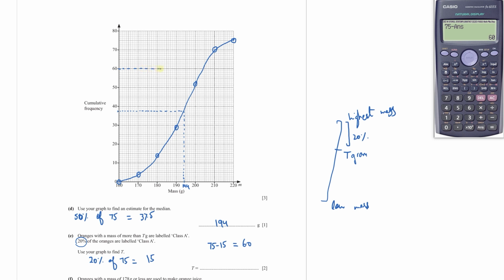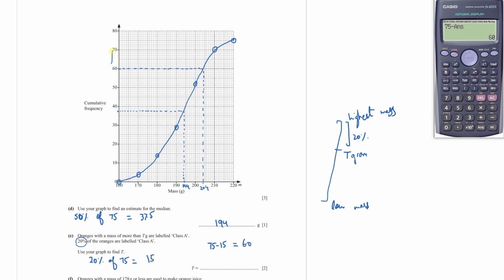So this is the line which represents y value of 60, and it intersects the graph at this point. So this value will be 200, 1, 2, 3, 4. So this value here is 204.